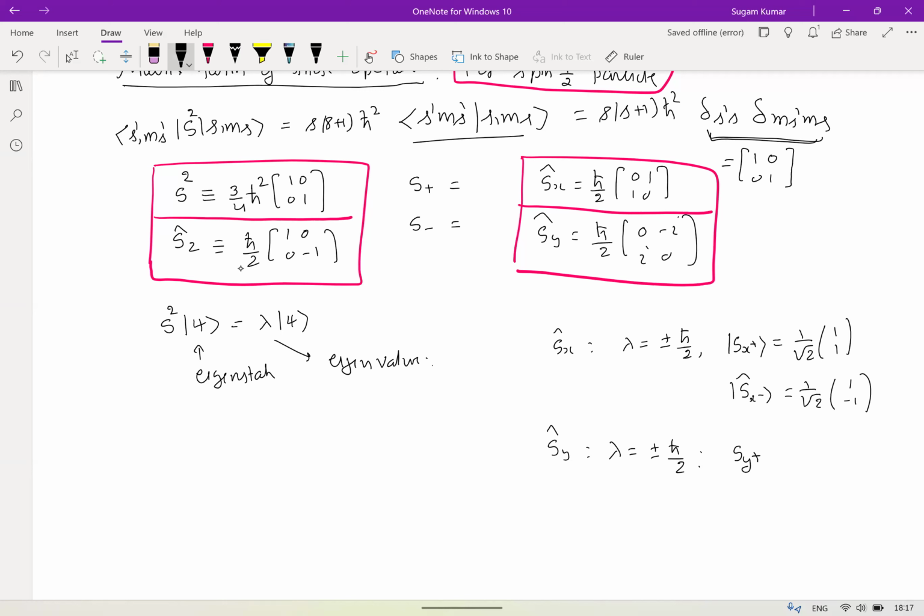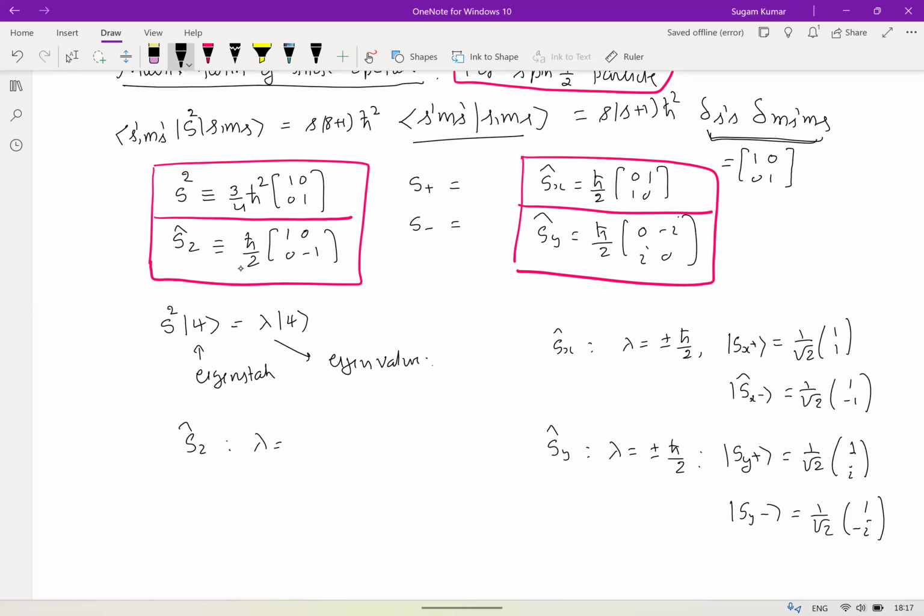Similarly, Sy plus is 1 by root 2, (1, iota), because we are going to use these in the equations, and Sy negative will be 1 by root 2, (1, minus iota). And similarly, the last one is the Sz.